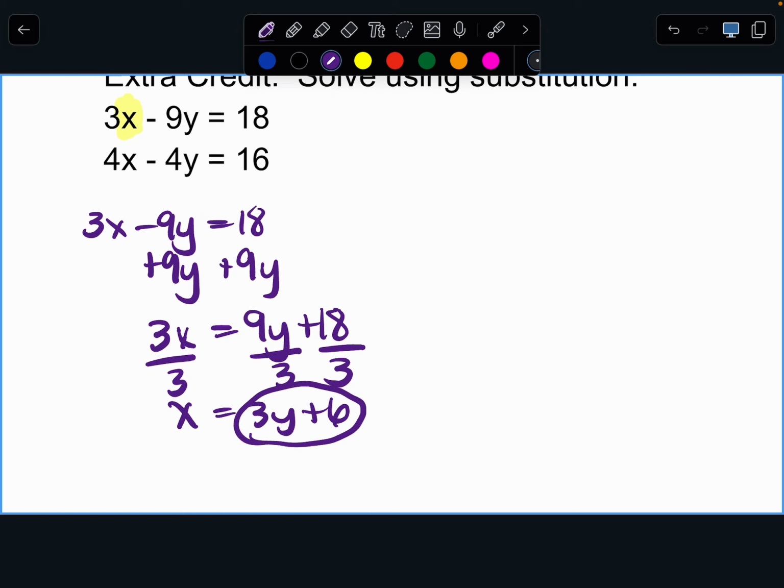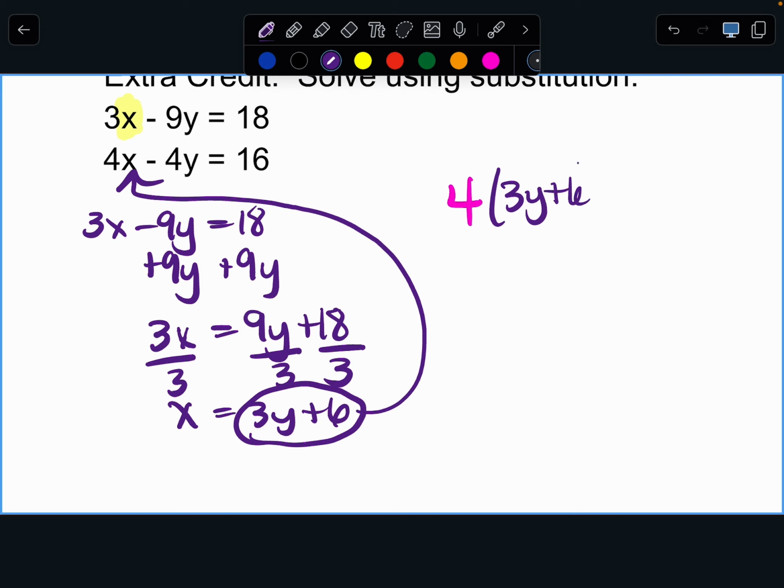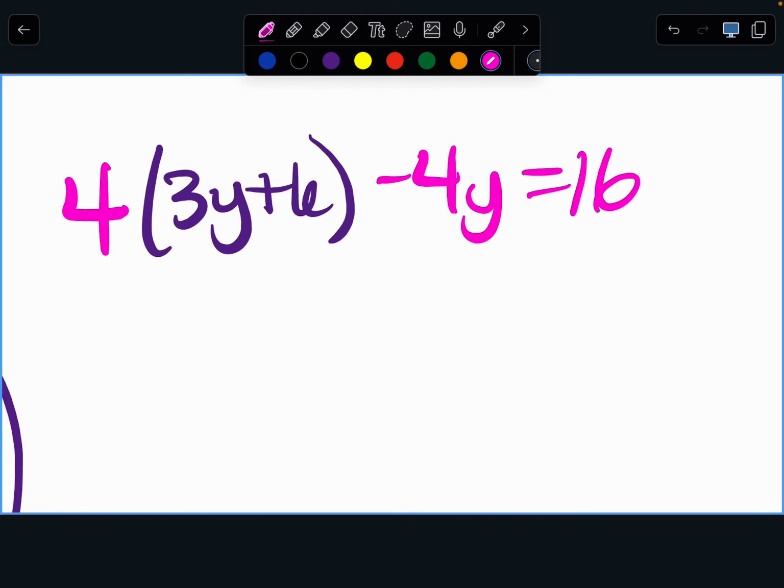So I'm going to take what x equals, and I'm going to plug it in right there. So I write down the 4. I replace the x with 3y plus 6 minus 4y equals 16. So all I've done is rewrite the equation, just replacing the x with what it equals.